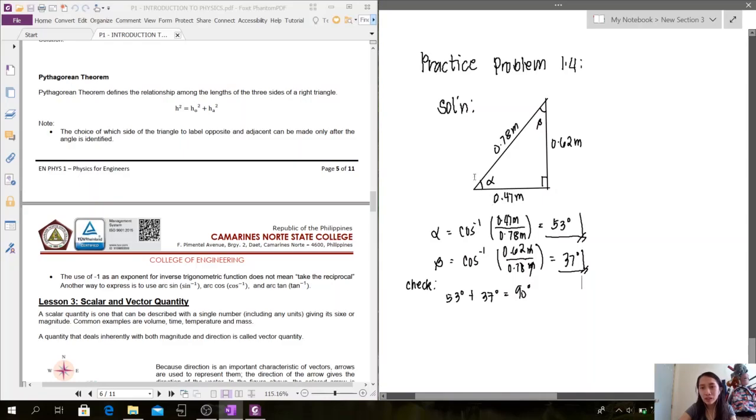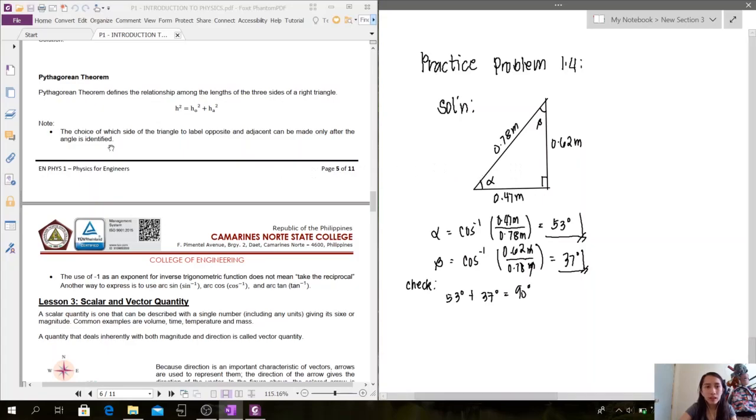If we consider this angle here, the adjacent side, or the side beside it, is the adjacent side. And this is the opposite side, the one across from it.